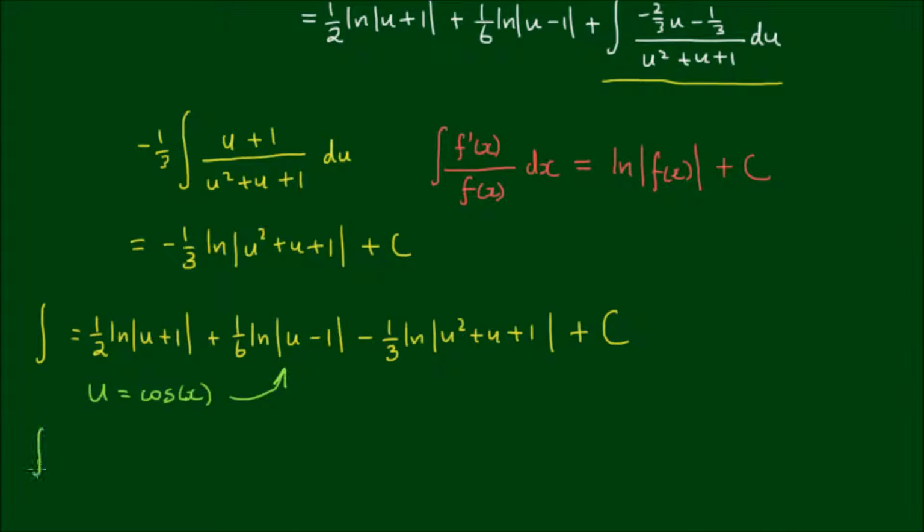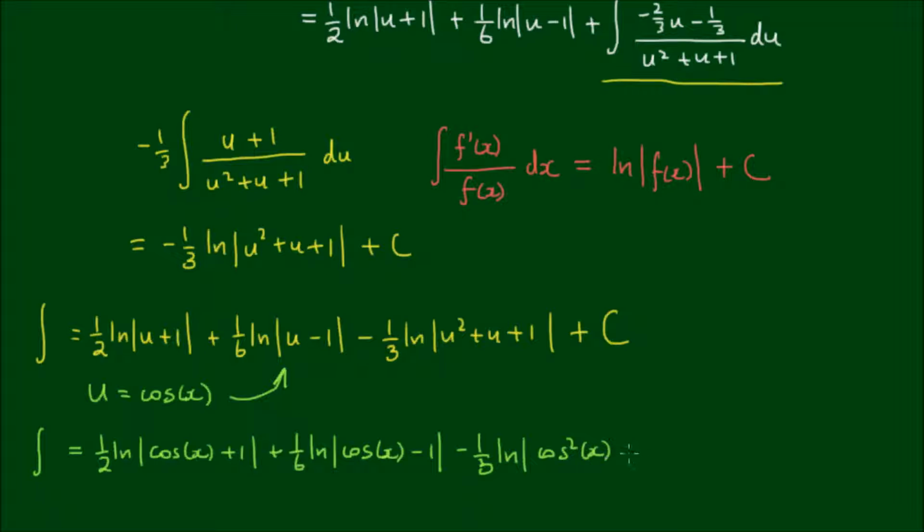we have the result equaling 1/2 by the ln of cos x plus 1 plus 1/6 by the ln of cos x minus 1 minus 1/3 by the ln of cos squared x plus cos x plus 1 plus the integration constant c.